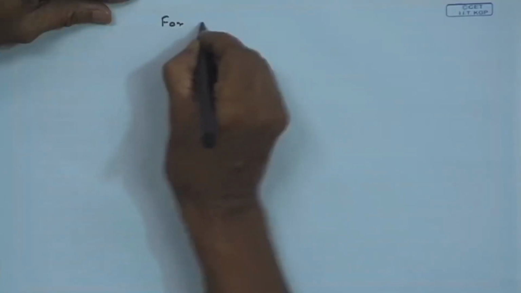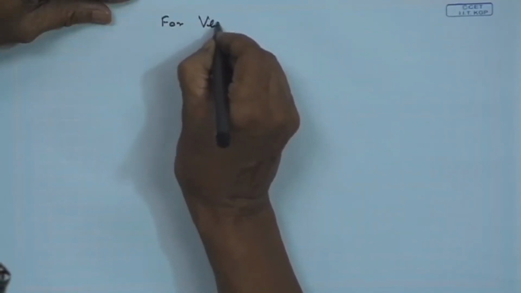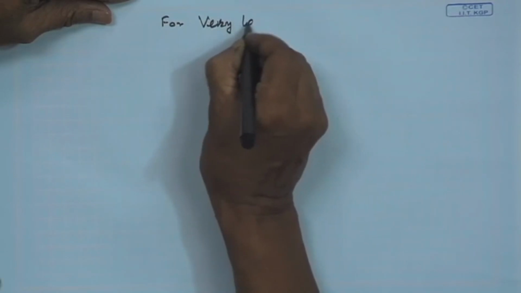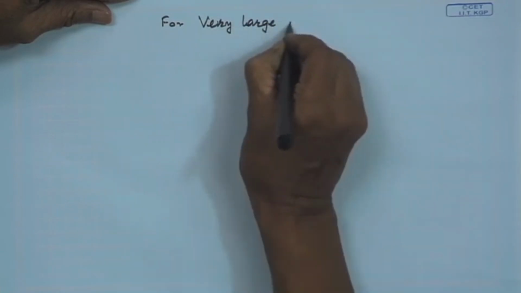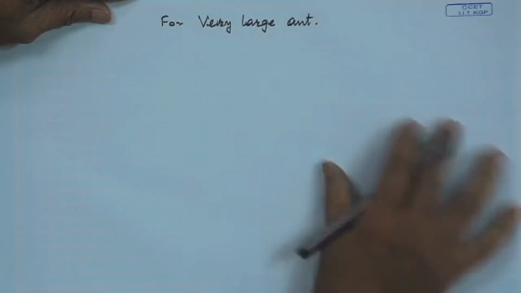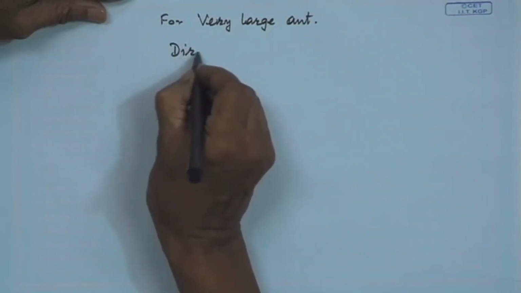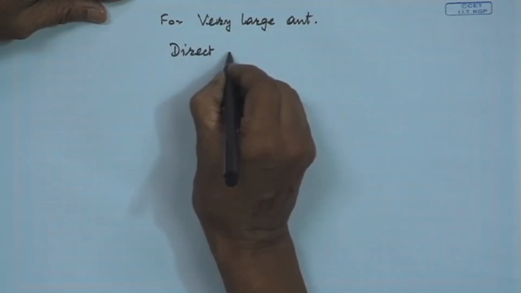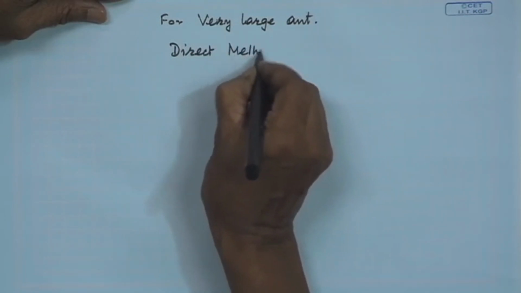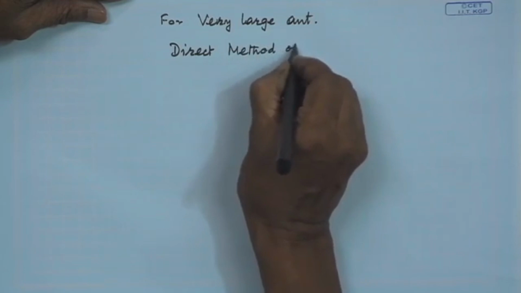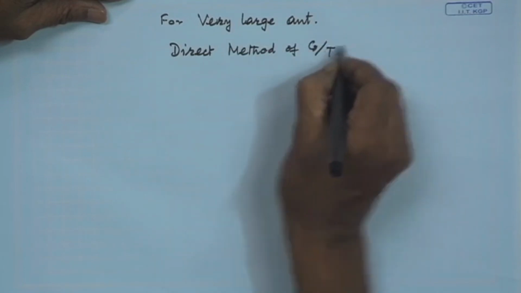Now, for very large station antenna, there we use this direct method of G by T measurement.